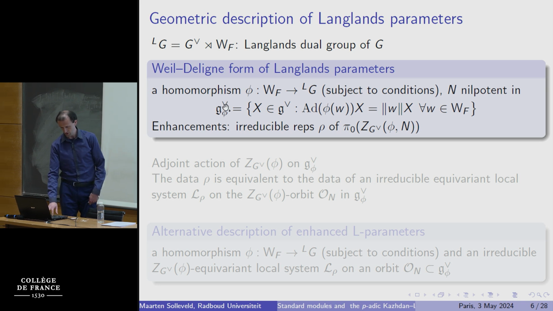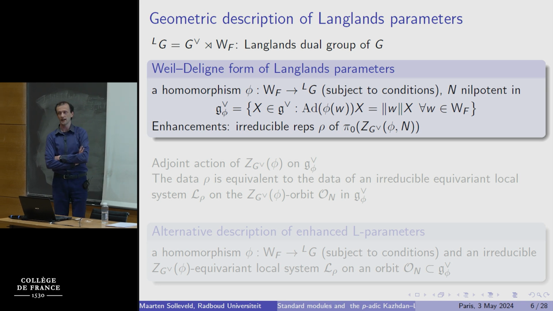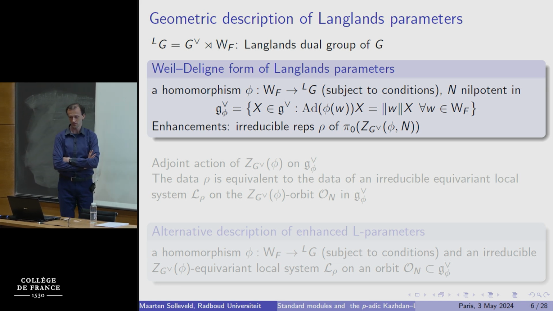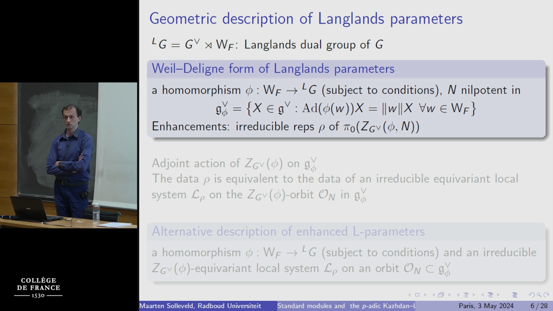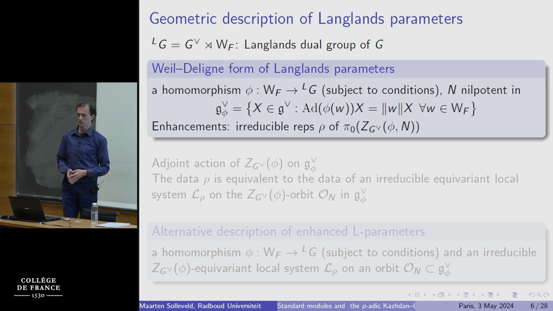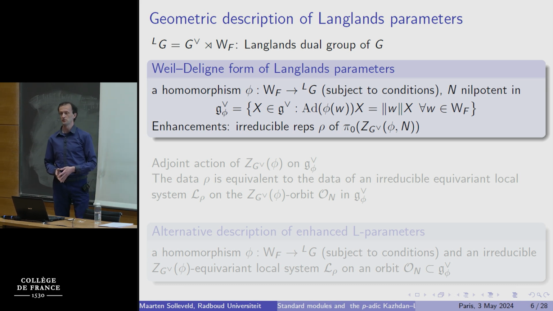So here we see that we have a complex variety, called g phi check. The fraktur g is the Lie algebra of the complex dual group of G, and the subscript phi means that we restrict to the subset which consists only of nilpotent matrices.